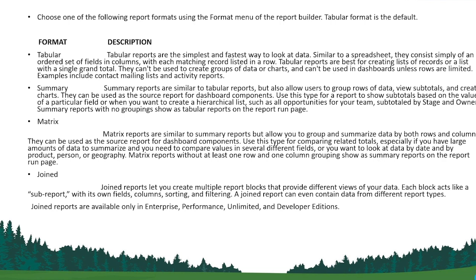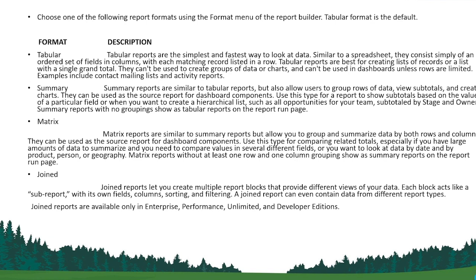Next is your matrix report. Matrix reports are very similar to summarized reports. But in a matrix report, you are grouping the data with the help of rows and columns, whereas in summarized we are grouping with the help of rows only. They are also used to access the dashboard components. You can compare the different totals. You can have a large amount of data.